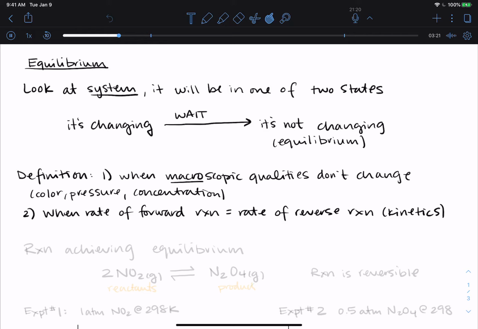Depending on when you see this video, if things haven't been rearranged anymore, if we have done kinetics, this part will make very much sense to you. If we haven't, it just means that your reaction is going to go forward, right? You have reactants and products, but at the same time, your products are turning into reactants at the exact same rate. Okay, so we're going to look at a reaction achieving equilibrium.